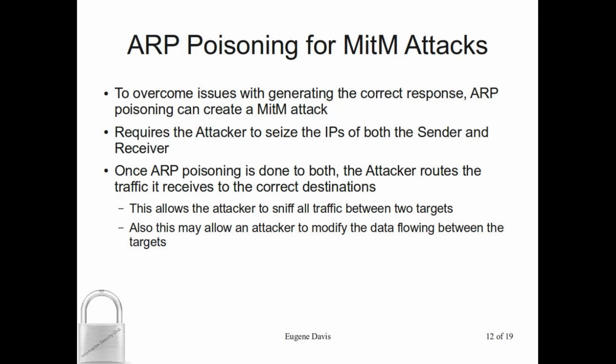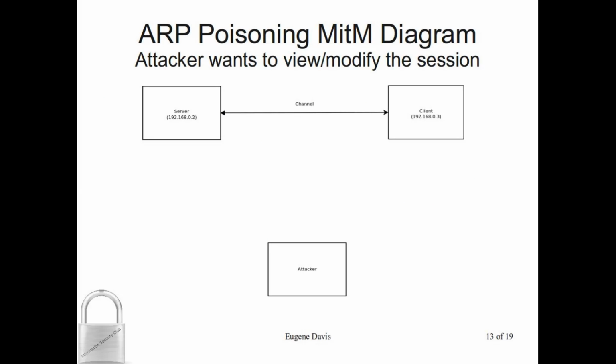So this requires the attacker to seize the IPs of both the sender and the receiver. Once ARP poisoning is done to both of them, the attacker then routes the traffic it receives to the correct destinations. Obviously, this lets you sniff the traffic between the 2 targets, and it allows the attacker to modify the data between the 2 if they've got the tools for it, which are not as common as you'd expect. So I've got a nice pretty diagram again here.